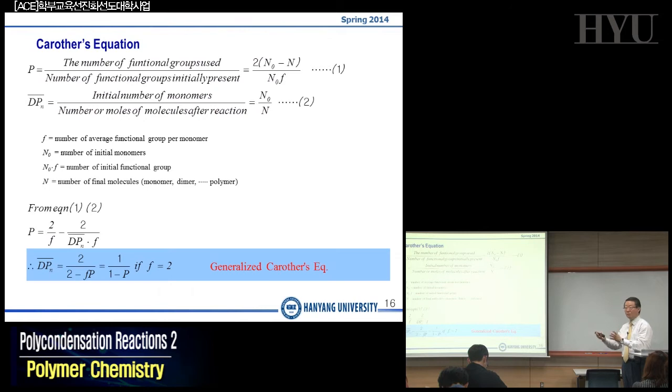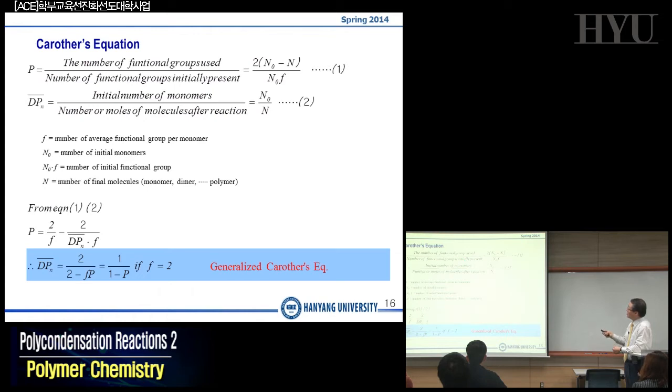After 1 hour, or 30 minutes later, your monomer has already been consumed, and what remains of the monomer system is N, the number of final molecules.